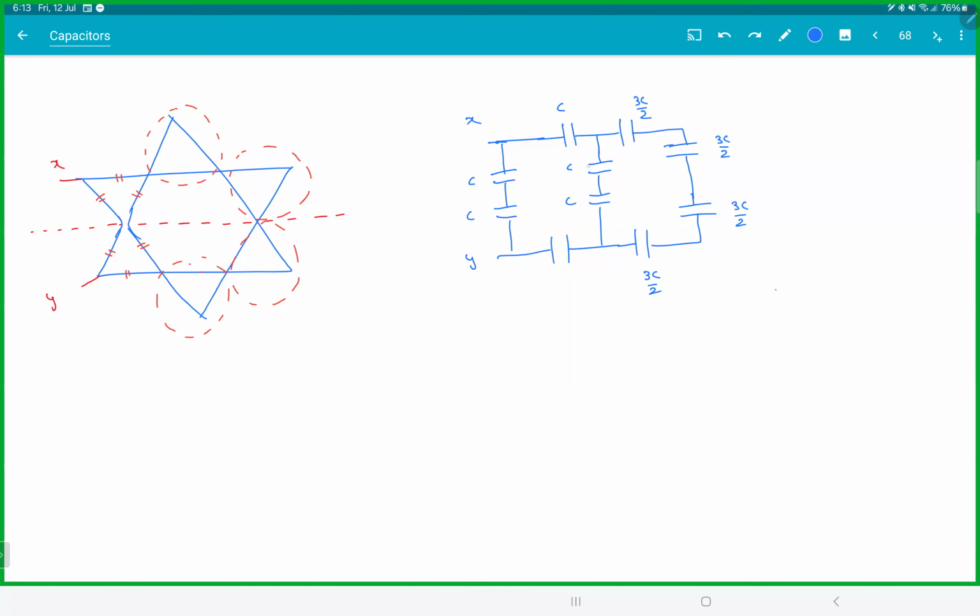3C by 8, and this is 3 by 14. Numbers are really bad. C by 2. I can add it up, no? Why am I doing this? 3C by 8 plus half, that is 7C by 8. This whole thing is 7C by 8.